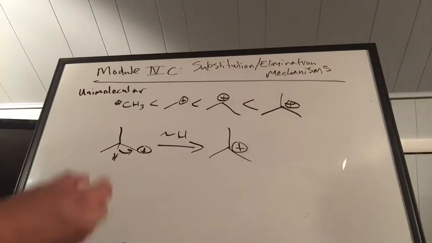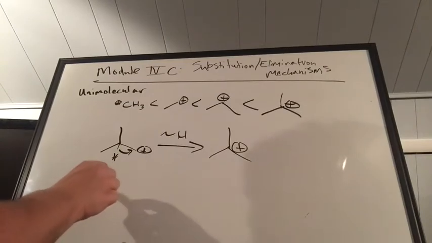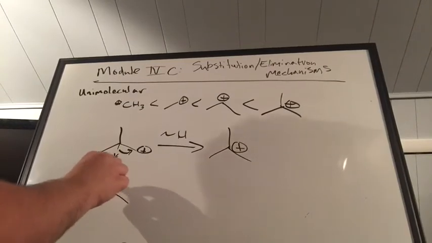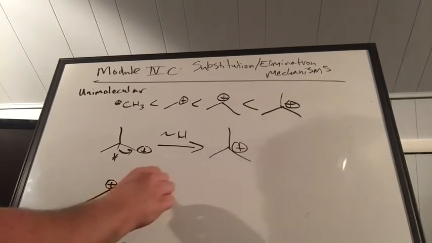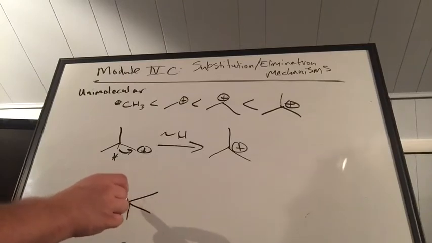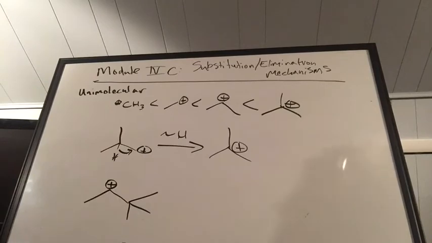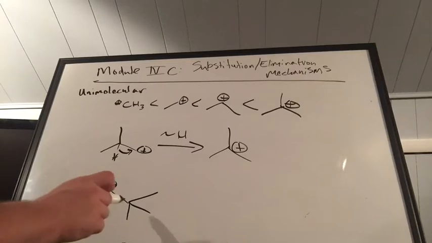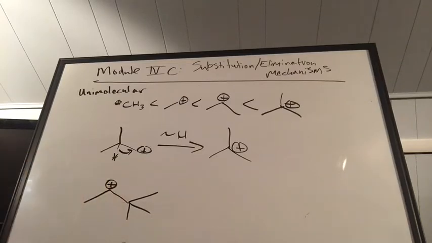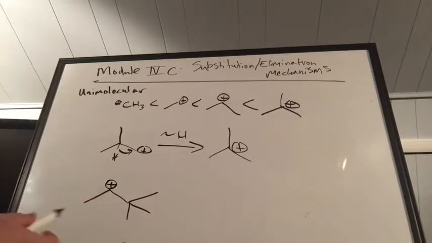Okay, so there are other rearrangements that you can consider as well. Right here we have a secondary carbocation, and then we have our chicken foot here. Now, there are no hydrogens here to slide over and stabilize that charge and have a tertiary carbocation over there. Conversely, we can't have a hydrogen slide over here, or we're going to go to something even less stable, so that's not going to fly.